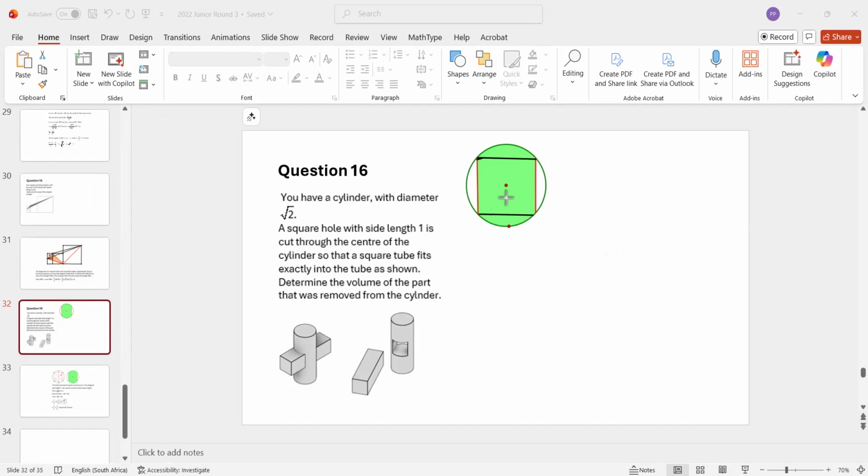Remember, this is a square here because you've got a square hole, so this inside part is a square, and you need to calculate the area of the green part. We also know the diameter.